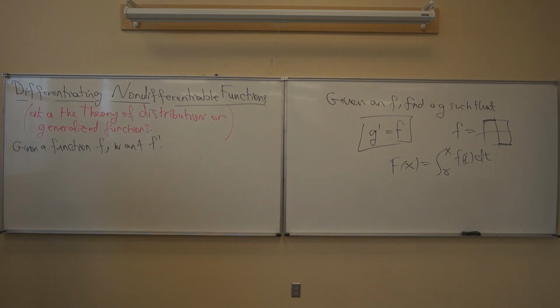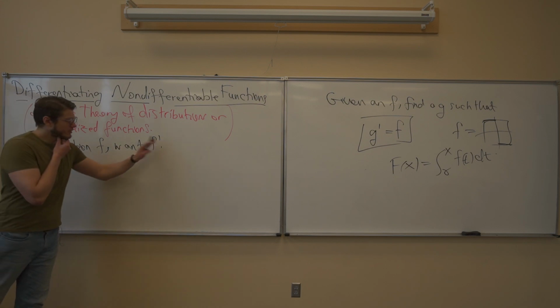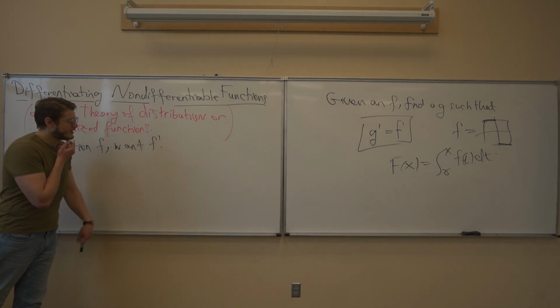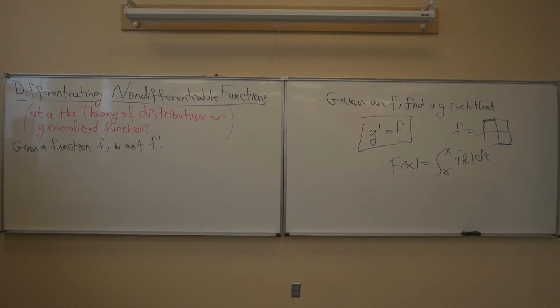But maybe you know that you cannot do this for whatever reason. You know that your function is not necessarily differentiable in the standard sense that we discussed. So somehow you need to interpret this f prime, the differentiation operation, in a weaker sense.